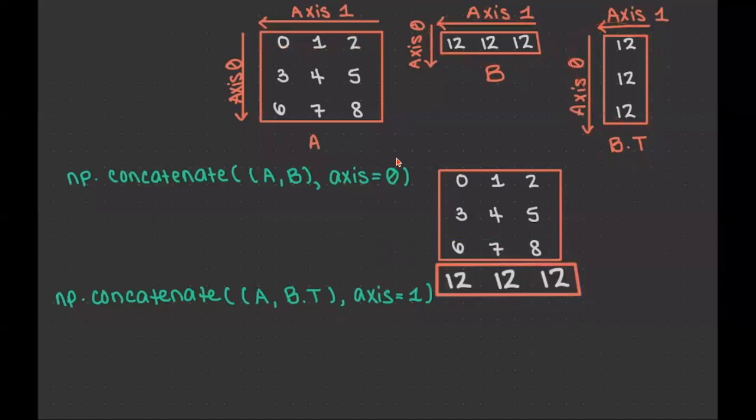Then we take A, increase in the horizontal direction, adding another column, and the new column is B transpose. So the way that's going to look is A, and now we use B transpose.